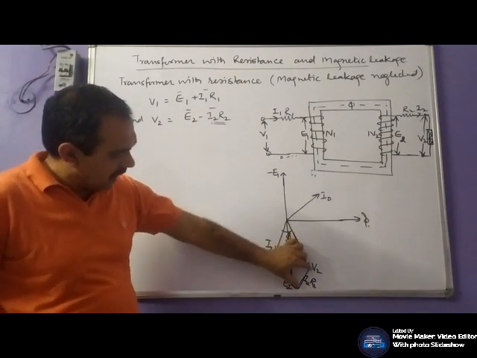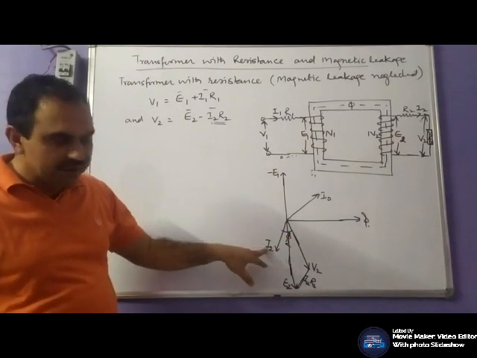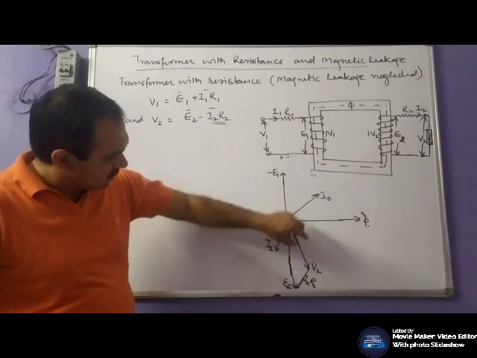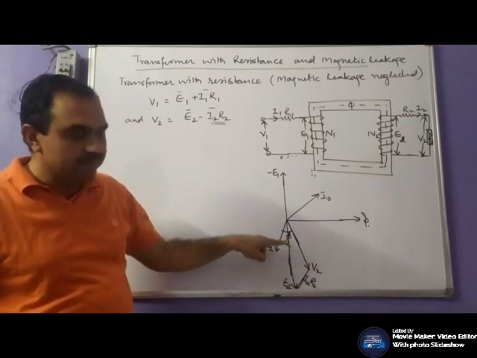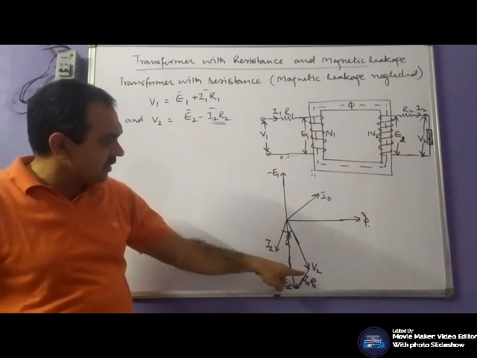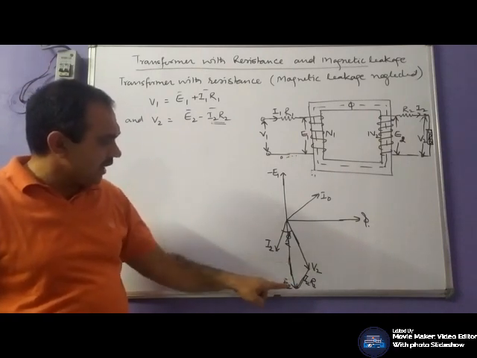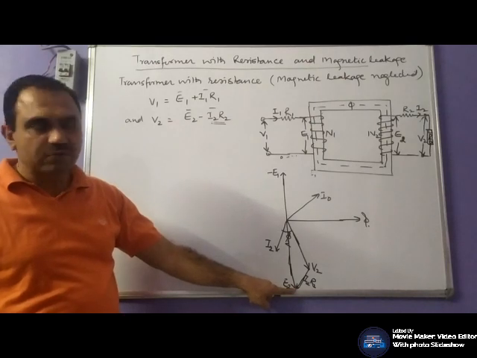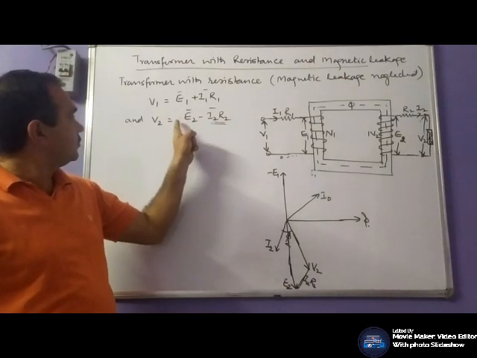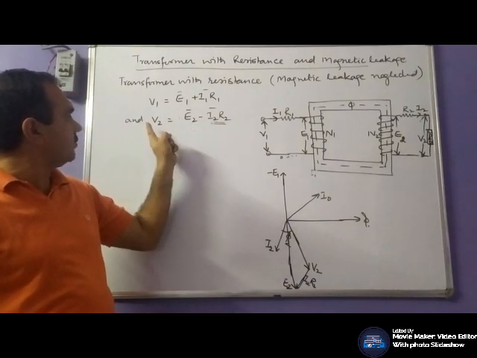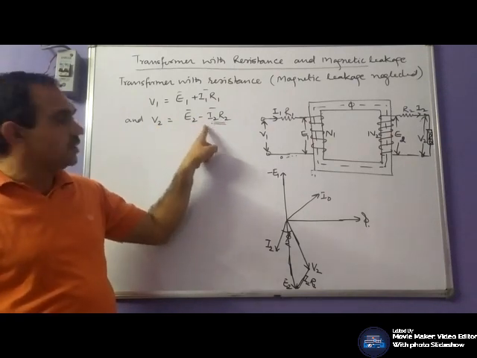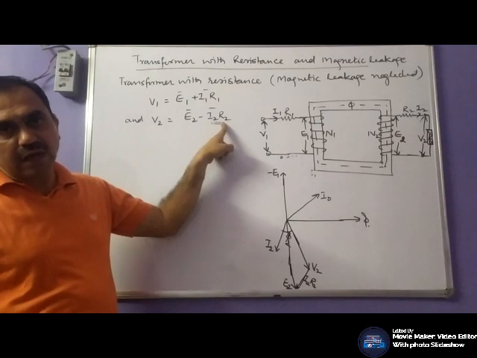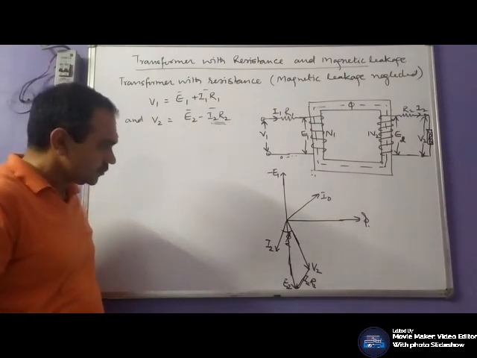Both I2 R2 and I2 are in phase. I2 lags V2 by phase angle of phi 2, and E2 is the phasor sum of V2 and I2 R2, or V2 is the phasor difference of E2 minus I2 R2.